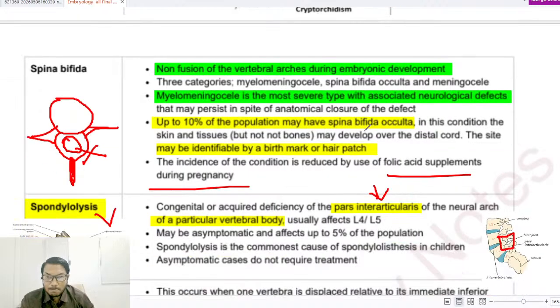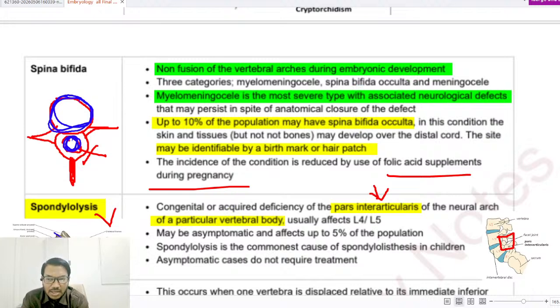Spina bifida. This is the body of the vertebra and the remaining part is the spine. This is the neural foramen or vertebral foramen. The spinal cord will pass through this area.